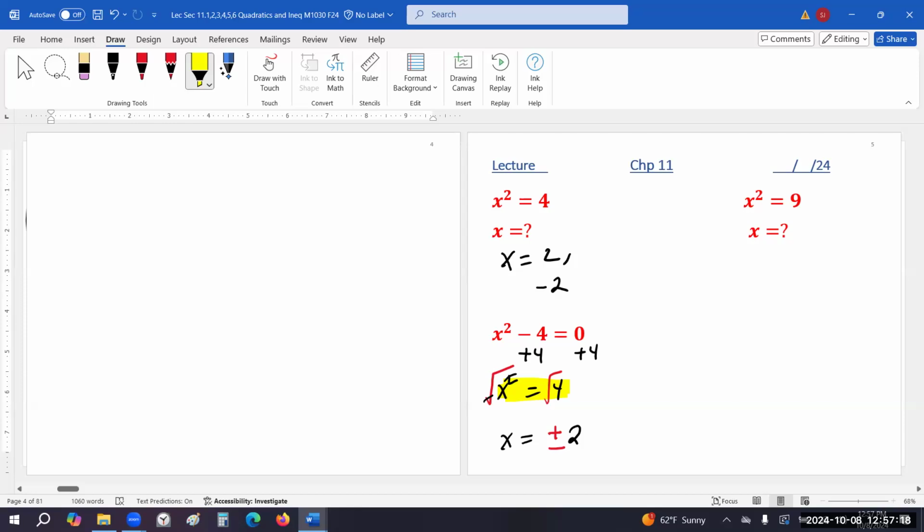If you have x squared equals 0, what is your x? Is it plus minus 0? Plus minus 0 doesn't make sense, right? Because plus 0 and minus 0 is 0. So only when you're solving x squared equals 0 do you get one solution.